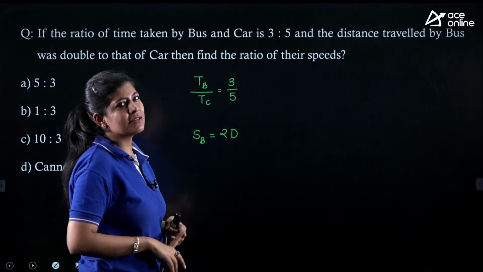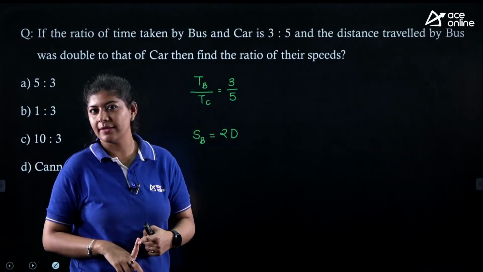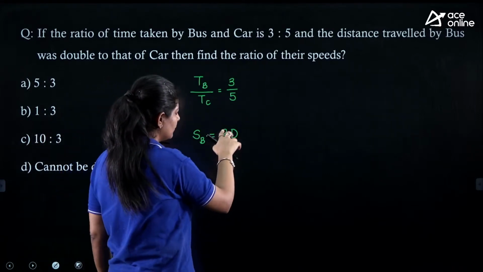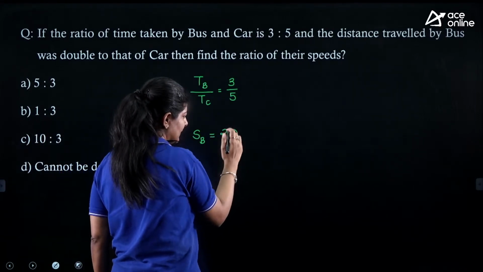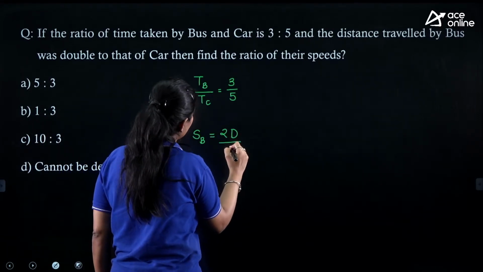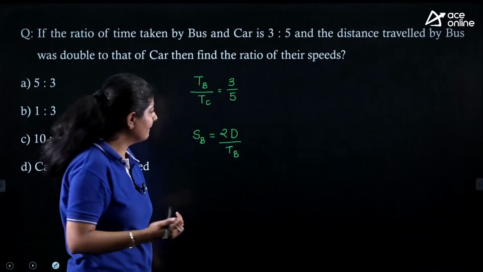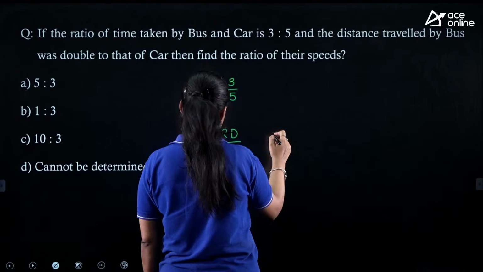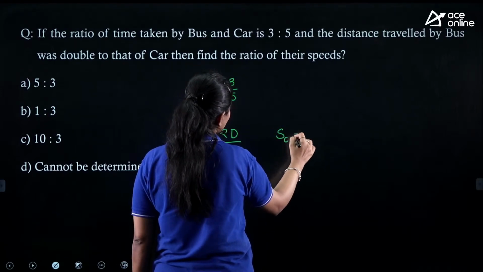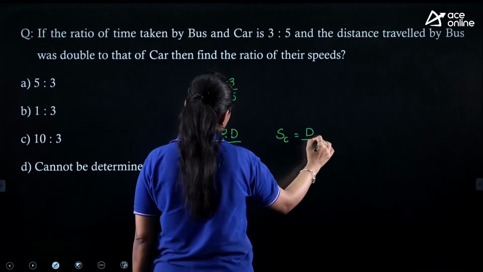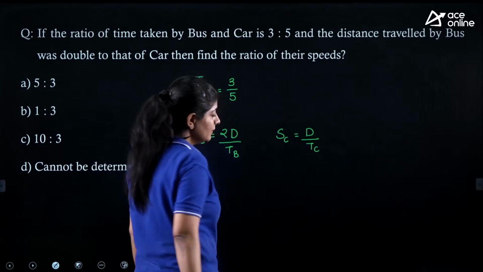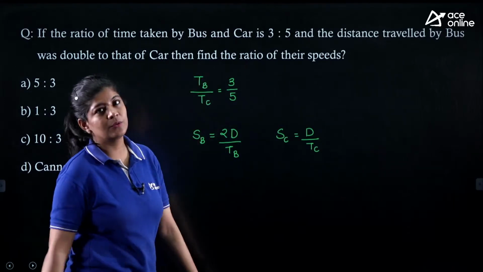As the distance is given constant over here, twice the distance that bus needs to cover, with the time taken by bus being TB, right? And the speed of the car is nothing but the distance divided by TC. Is it okay if I write it like this?